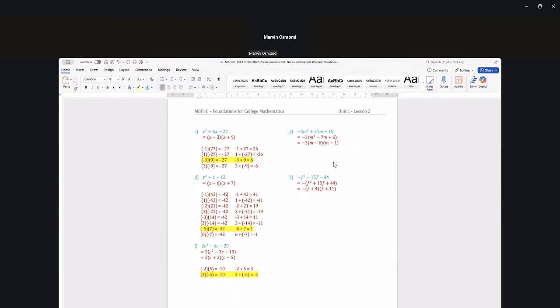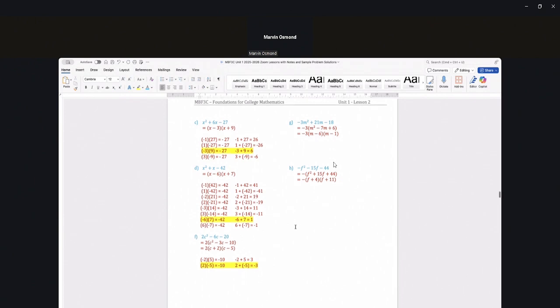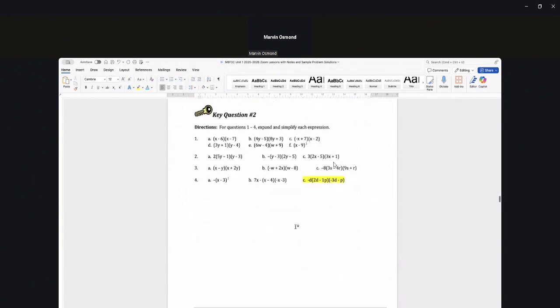All of these numbers right here multiply to give us -42, but only one of them gives you +1 when you add the two numbers. And that was -6, +7. So it's kind of the same thing right here.